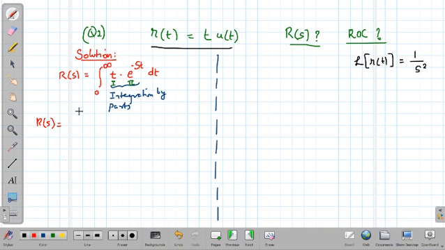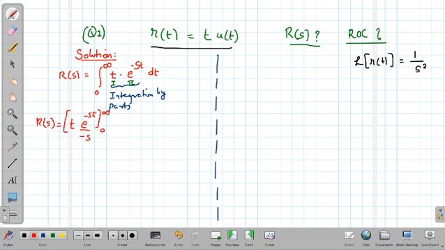So what is the integral from 0 to infinity of t e^(-st) dt? It is the first term, which is t, times the integral of the second, which is e^(-st) divided by minus s, and you apply the limits from 0 to infinity.